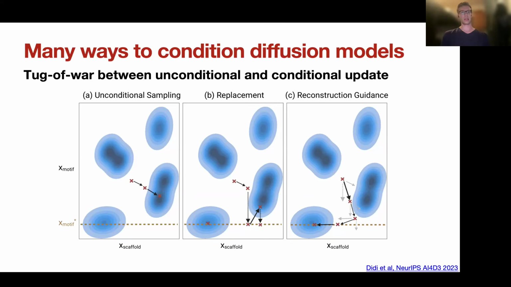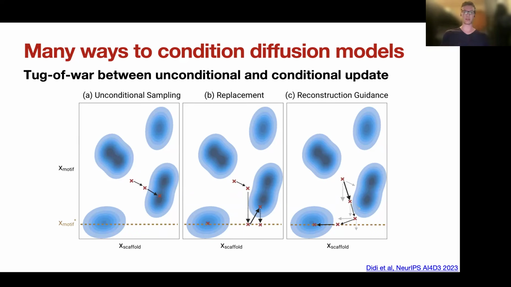And how can we eventually improve on that, if these approaches don't work for us or are not good enough? There are many ways to condition diffusion models, and Francisco will talk a bit more about how we can formalize that and think about this in more mathematical terms. But just for an intuitive picture, you can think of these blue blobs, these Gaussians, approximately as your data density.